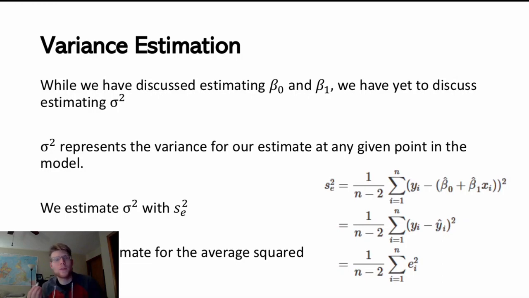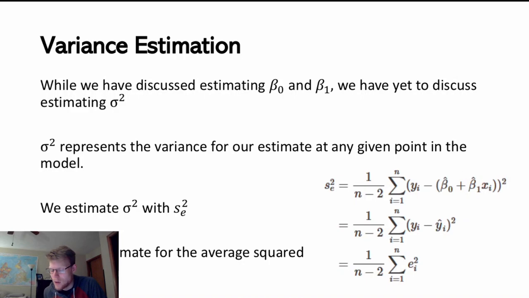So for example, a sample mean is an unbiased estimate of a population mean. However, a sample standard deviation is not an unbiased estimate of the population standard deviation, and that has to do with the fact that we're using a sample statistic in the calculation. So that's what we're doing here. We have beta hat naught, we have beta hat 1. Those are sample statistics. Those have error in themselves.